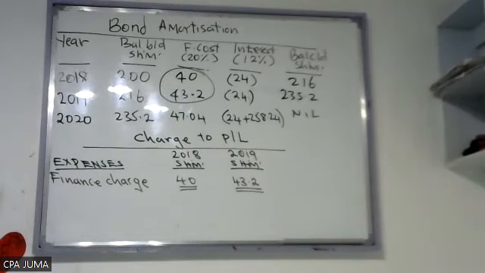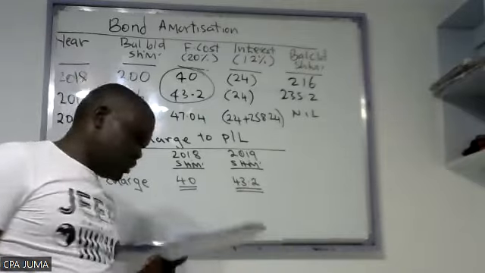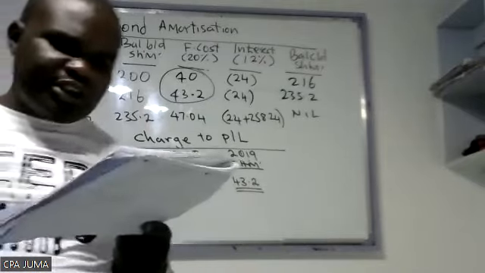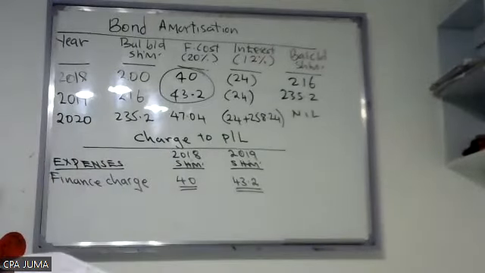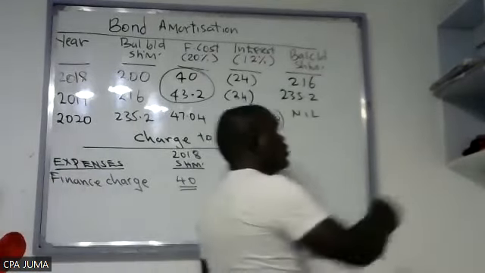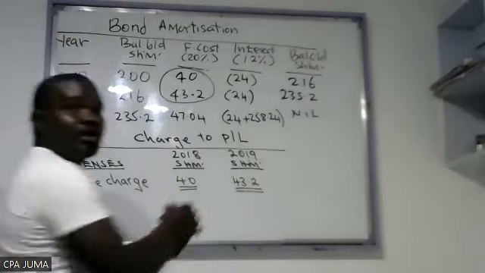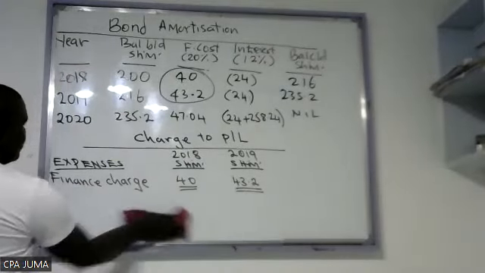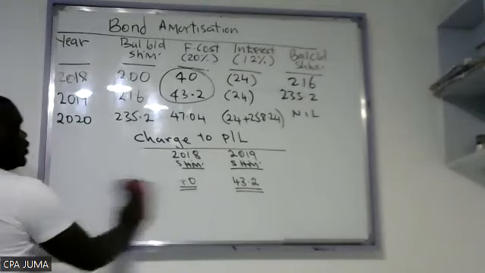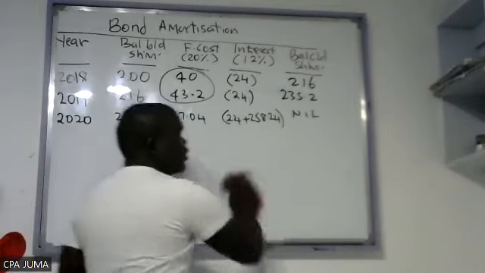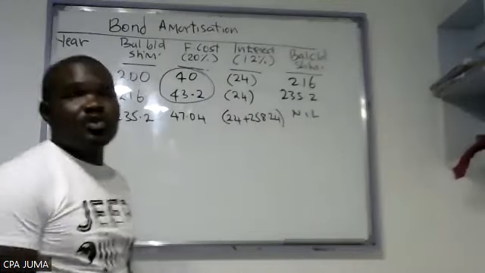Thank you. Let's go to the next one. Extract from the statement of financial position, 2018, 2019. So I want to delete this one here. Remember, we're in the books of the issuer.